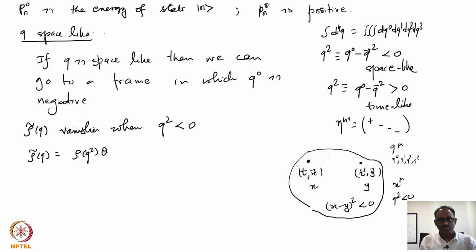But then you get a contribution only when q naught is positive, not otherwise. And you might worry that this theta of q naught is not Lorentz invariant, but it is, because you also have the statement that rho tilde of q vanishes when q square is negative. Which means that rho tilde of q is non-vanishing only when q square is positive, that is, time-like, and when q square is time-like, the sign of q naught cannot be changed.